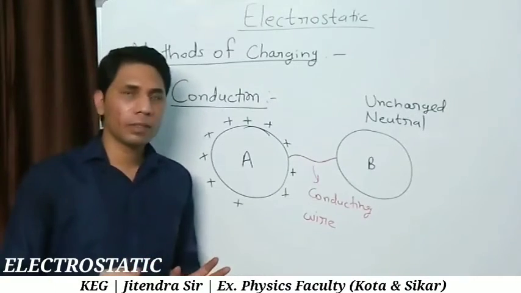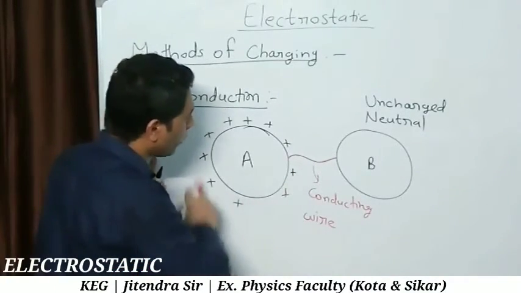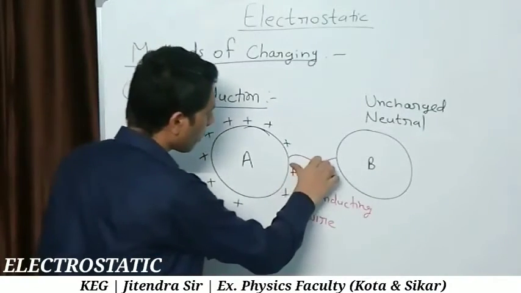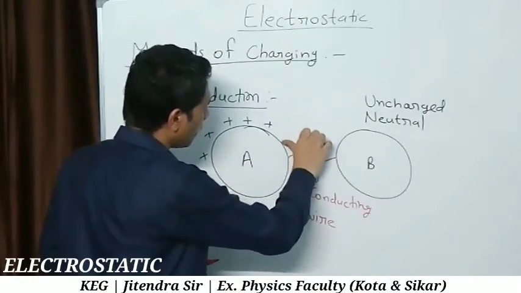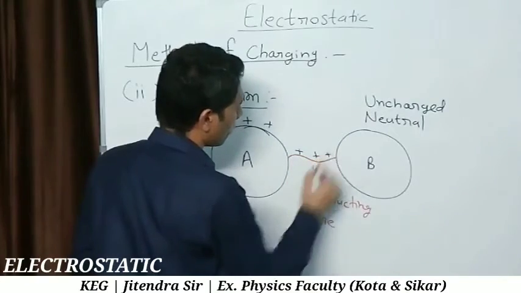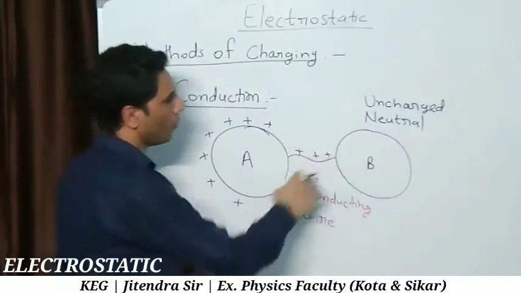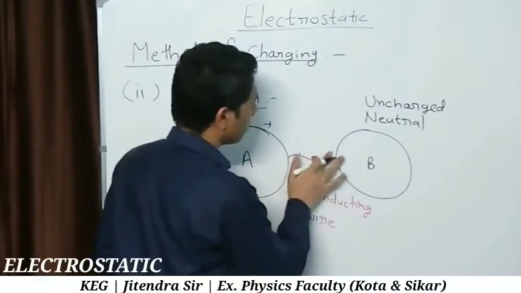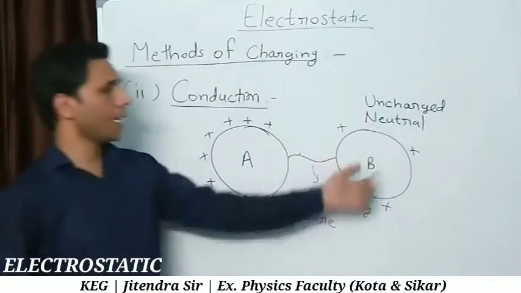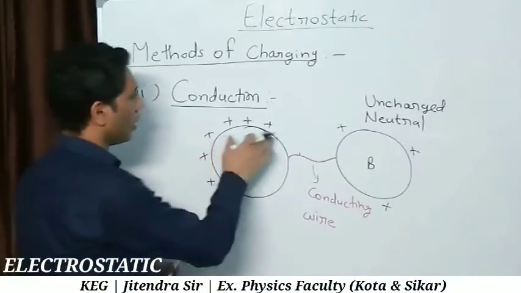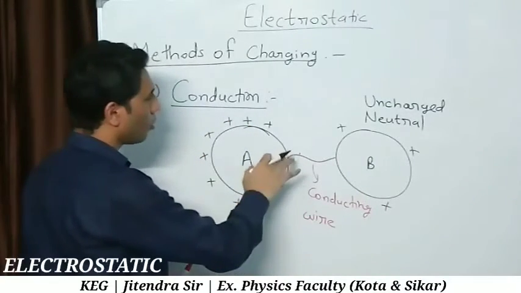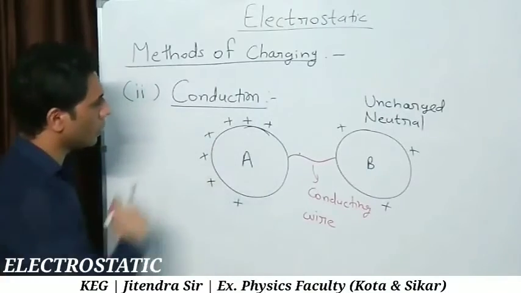Is it clear? When the charge transfers to body B, suppose only 3 charges are transferred. When 3 charges transfer to body B, they will distribute here like this. And after transferring, these charges also distribute uniformly on this body.